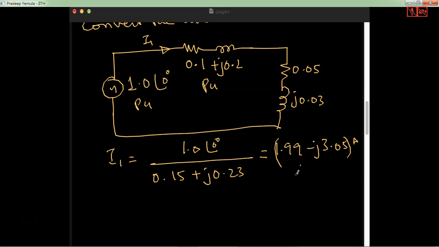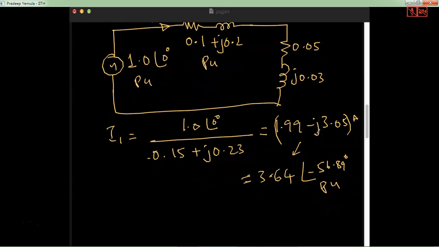Now, if I convert into polar form, I get 3.64 angle minus 56.89. So again, you notice this is in per unit.